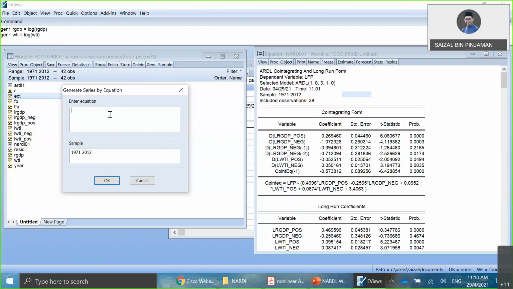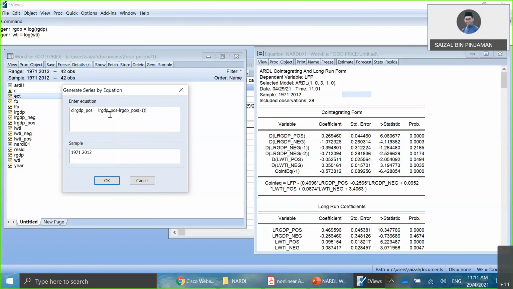DLR GDP positive is equal to LR GDP positive minus LR GDP positive in lag 1.